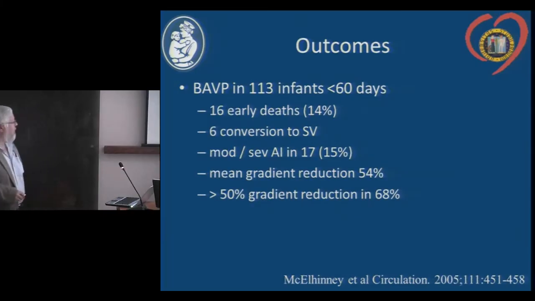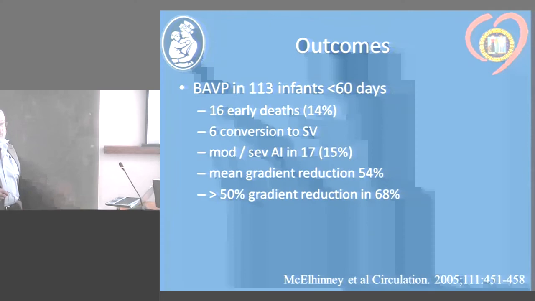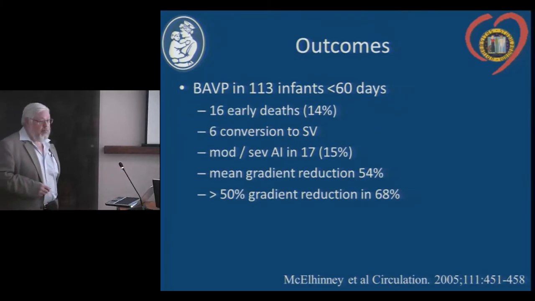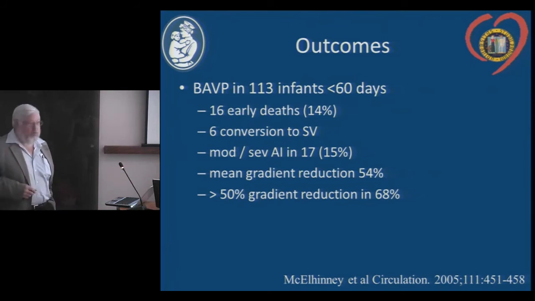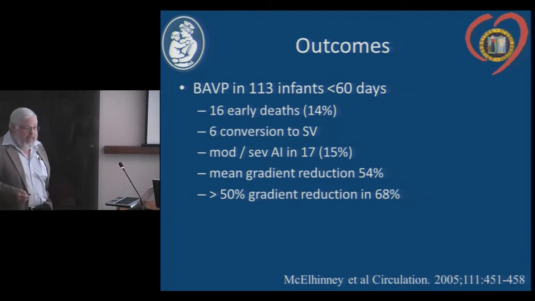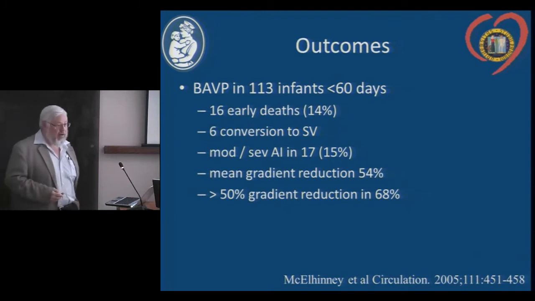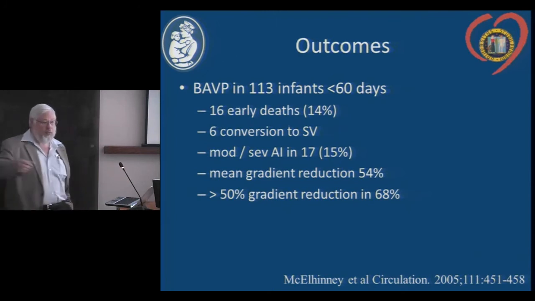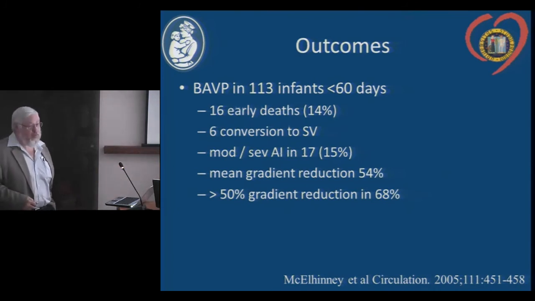The mean gradient reduction was about 54%. And I think this is one of the important principles of treatment of severe aortic stenosis in neonates and infants, and that is that one doesn't want to abolish the gradient. One wants to reduce the gradient to the point that the left ventricle can manage it and produce an adequate cardiac output, knowing that it's possible to retreat in the future.